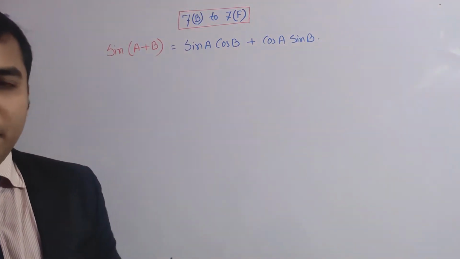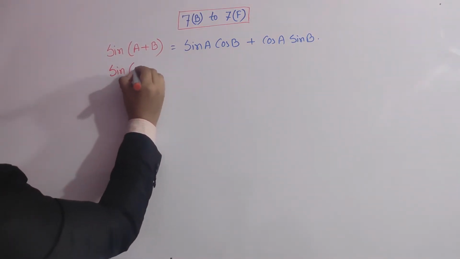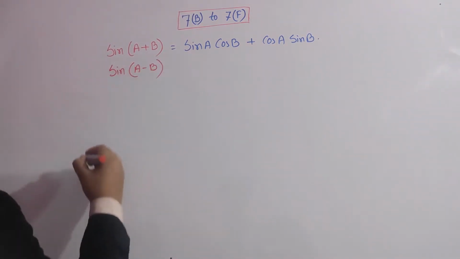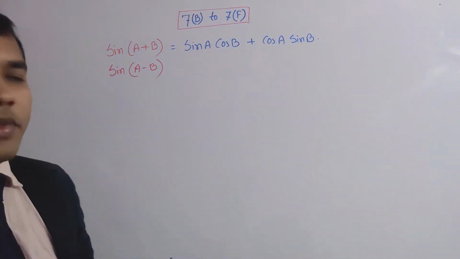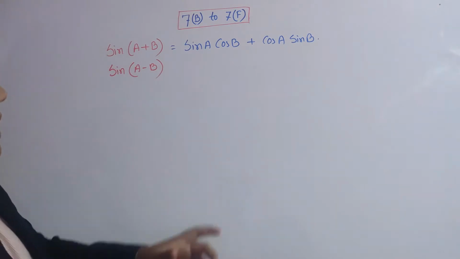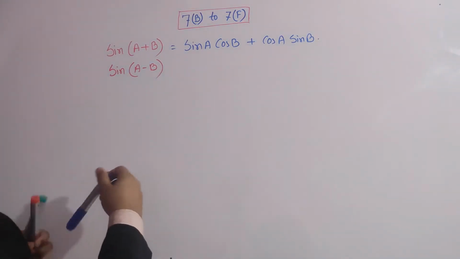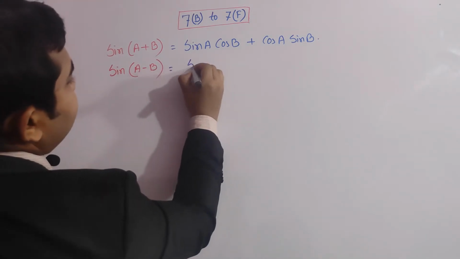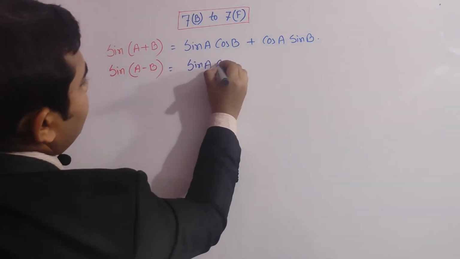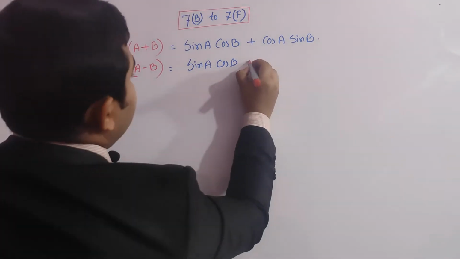But if the formula looks like sin A minus B, then what will be the formula for it? It's the very same, but here it should be minus. So the formula should be sin A cos B, but here it should be negative.